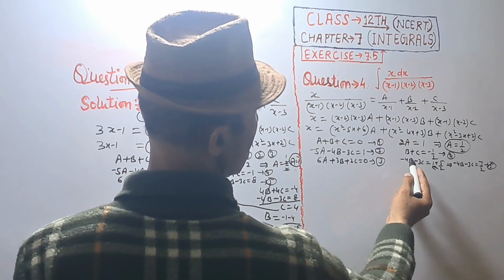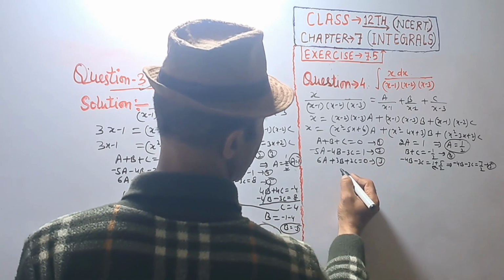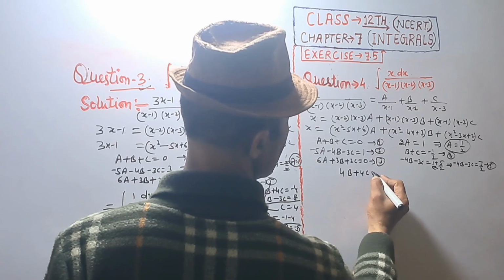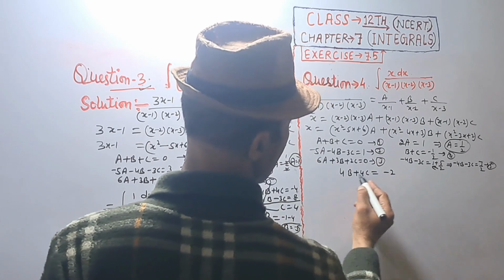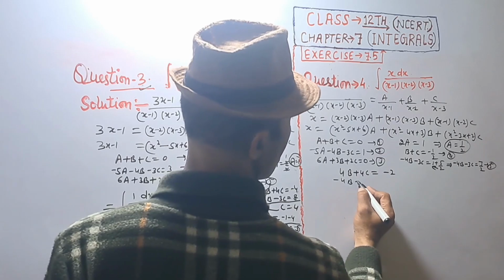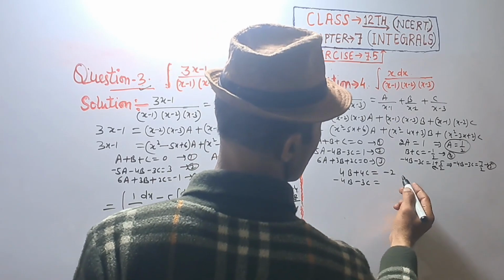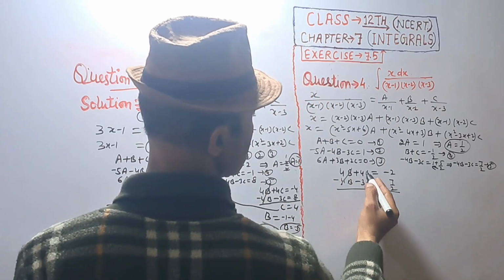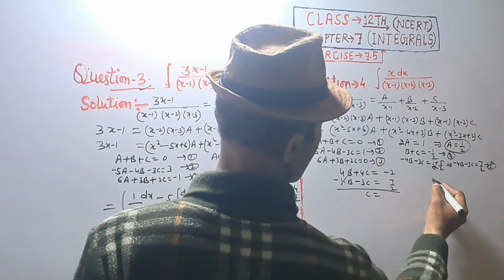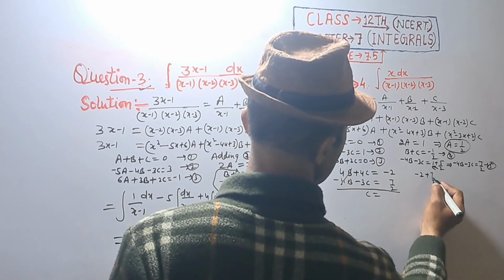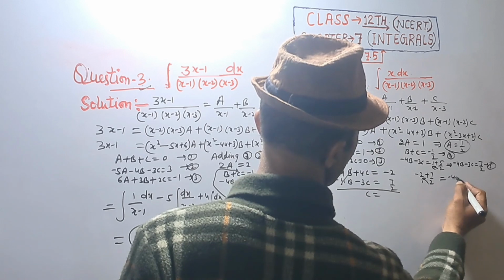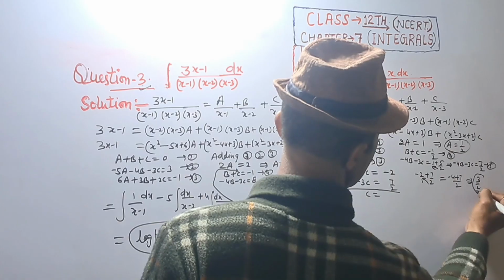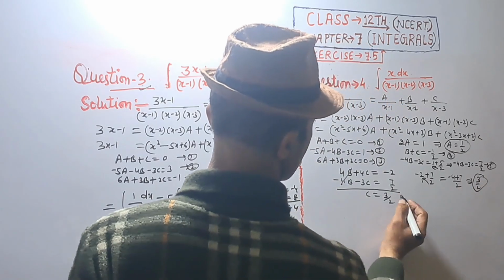Multiplying equation 4 by 4, we get 4B plus 4C is equal to minus 2, and minus 4B minus 3C is equal to 7 upon 2. Adding, 4B is cancelled, and C is equal to minus 2 plus 7 upon 2, that is minus 4 plus 7 upon 2, which gives 3 upon 2. C is equal to 3 upon 2.